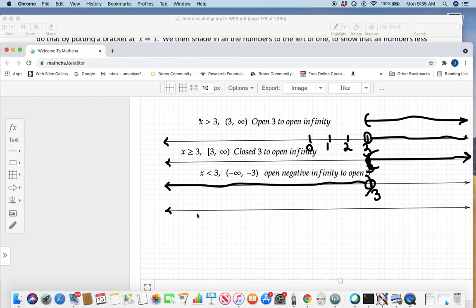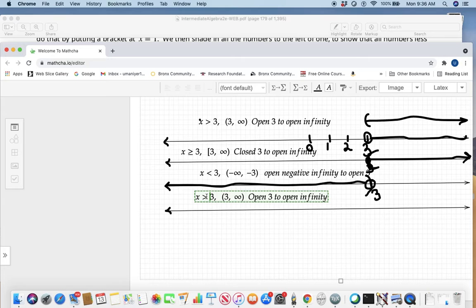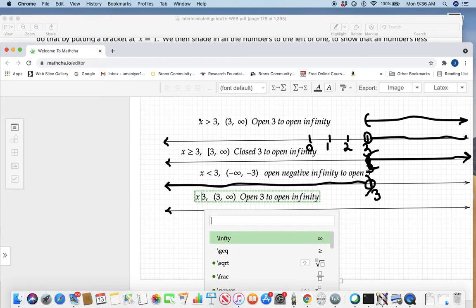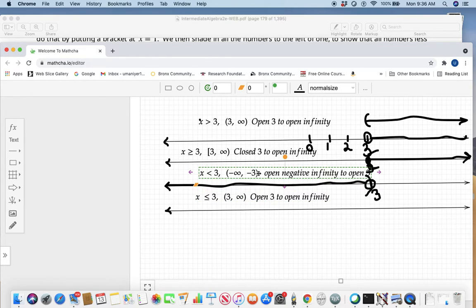Likewise, the last one, less than or equal. Instead of greater than 3 or less than 3, you have less than or equal to 3. So the picture will be similar.